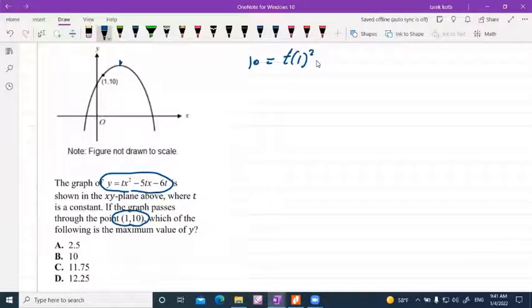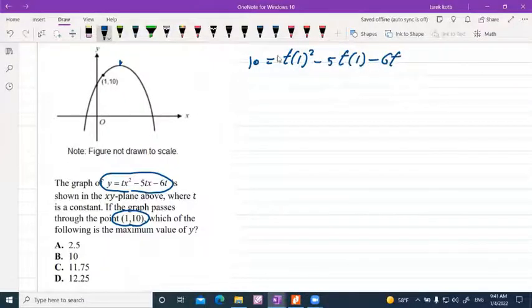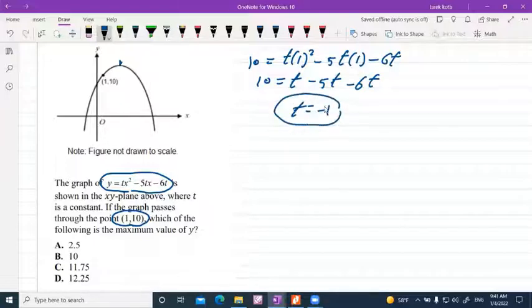So this will be 10 equals t times 1 squared minus 5 times t times 1 minus 6t. Okay, so it will be 10 equals t minus 5t minus 6t. Or you can solve this in the calculator, so t equals negative 1.